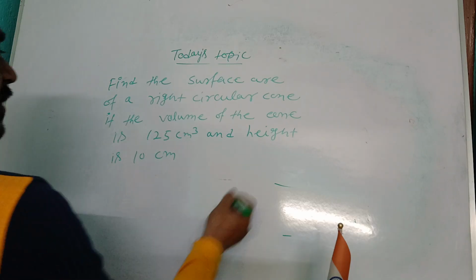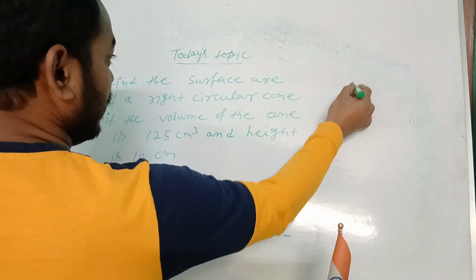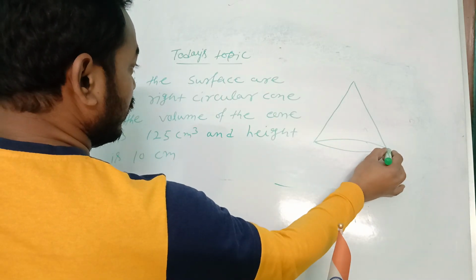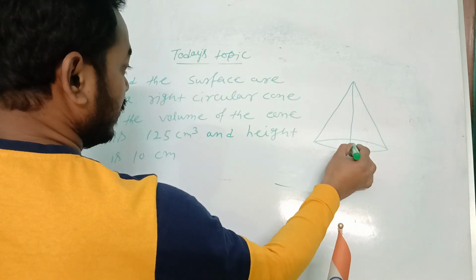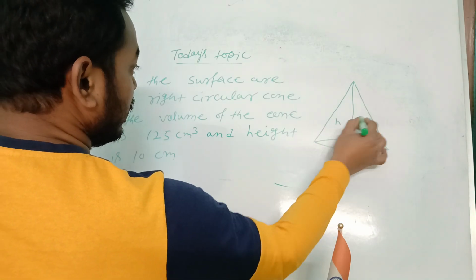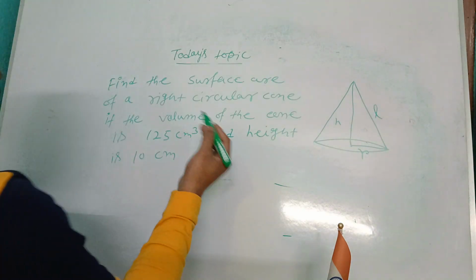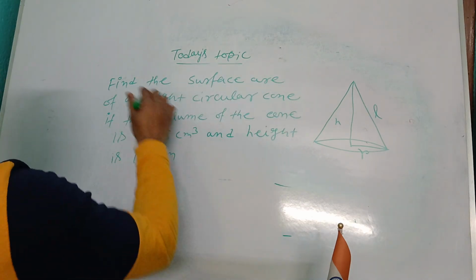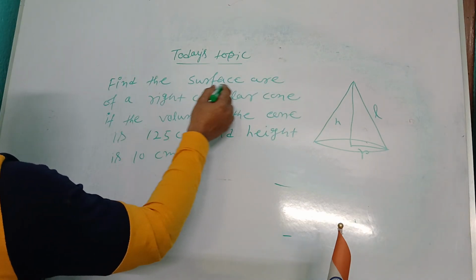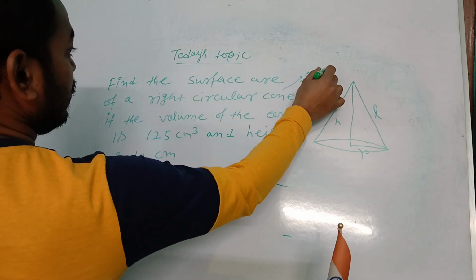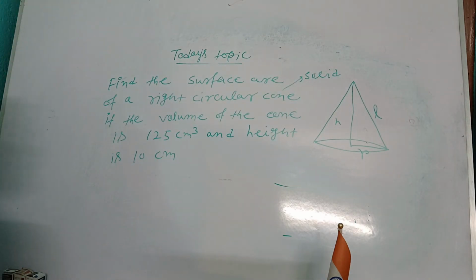So at first we have to draw the diagram. This is the cone, from the center and radius. So it is r, it is h, it is l. What is the question? Find the surface area. Consider it is a solid cone.